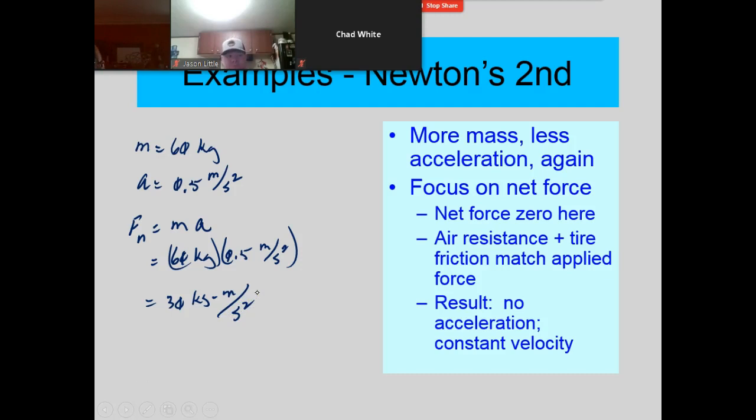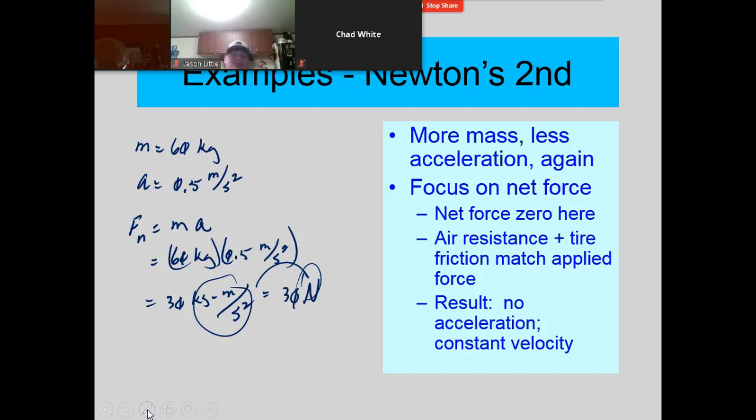Okay? And what is a kilogram meter per second squared? That is a Newton. 30 newtons. Kilogram meter per second squared is the same as a Newton. All right. That was example 2.8.